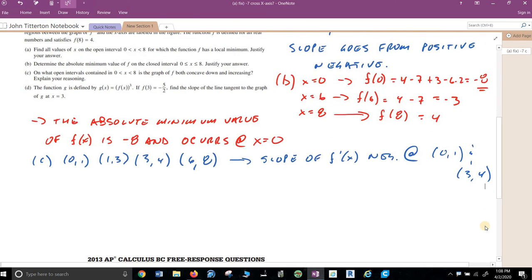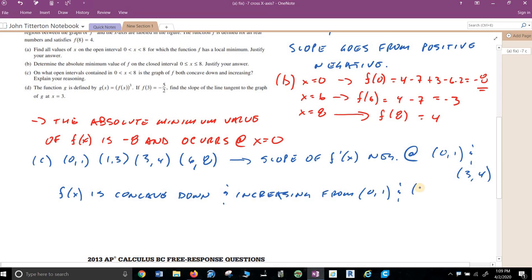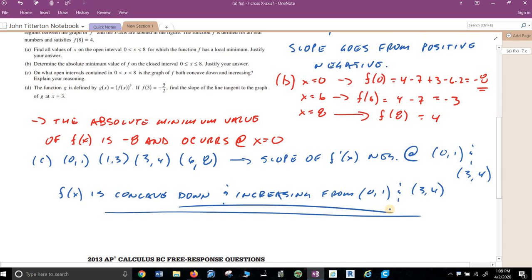So the question is, on what intervals is f concave down and increasing? All right, f of x is concave down and increasing from 0 to 1 and 3 to 4. And I have actually already explained all my reasoning right above there, so no need to put more up there.